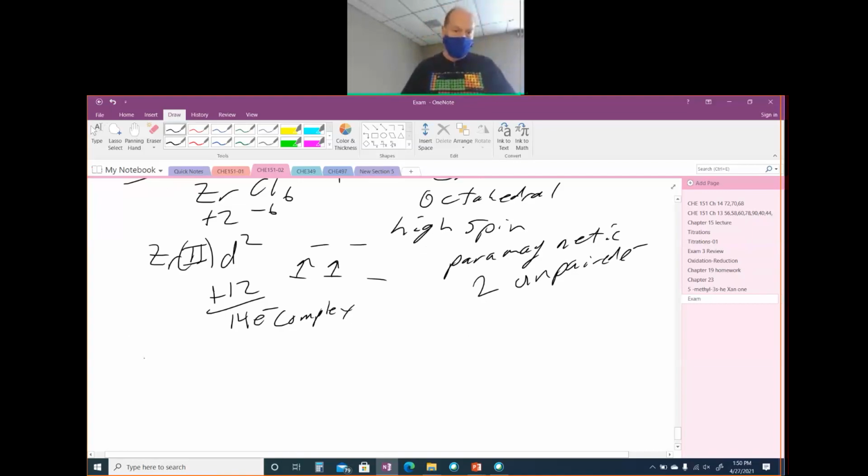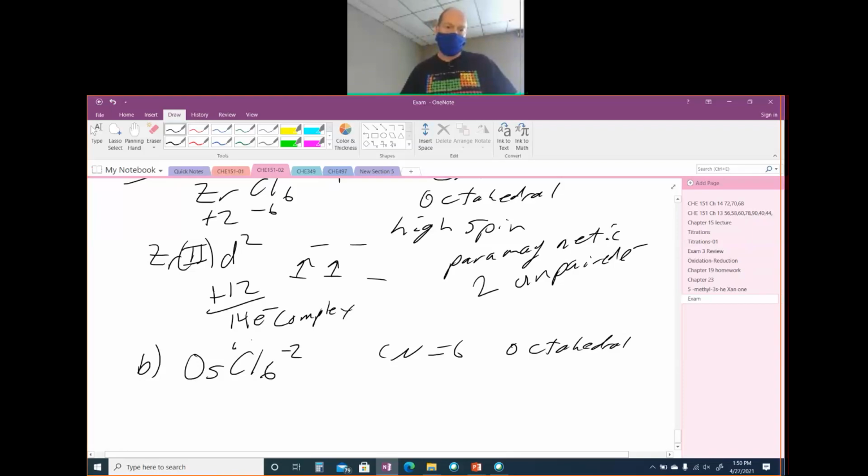All right, part B. OsCl6 minus 2. Coordination number again is 6. It's octahedral. Cl, these are your weak field ligands, and so it's going to be high spin.